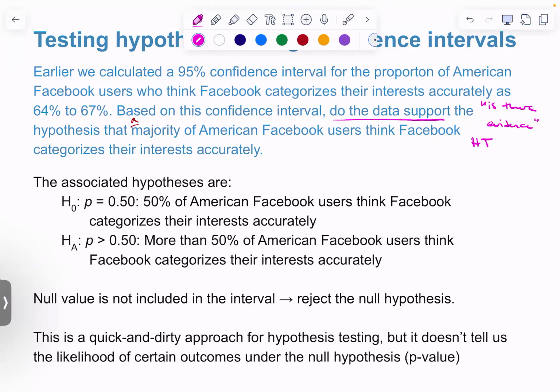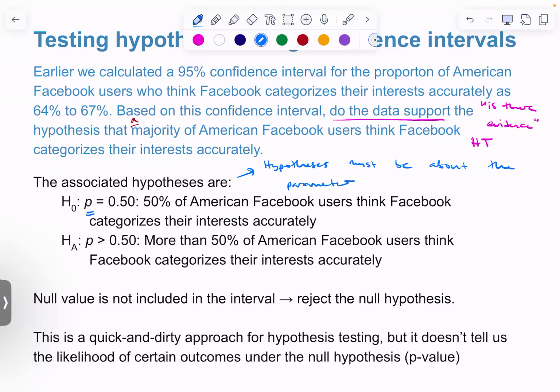And so hypotheses must be about the parameter. In this case, it has to be about P, the population proportion.